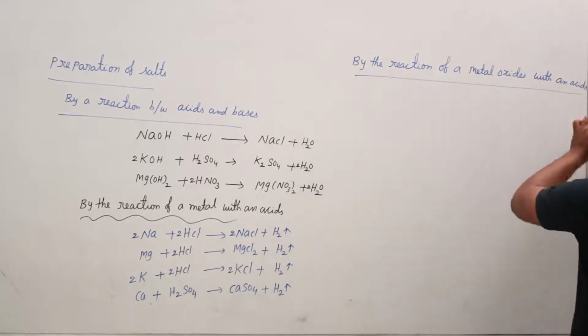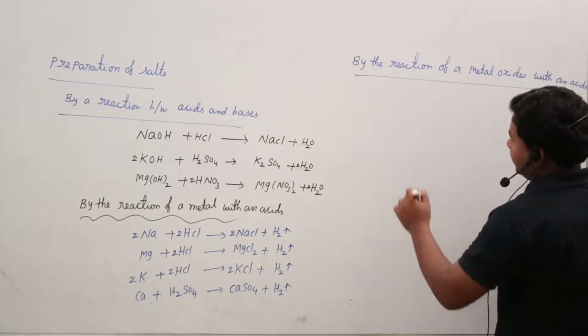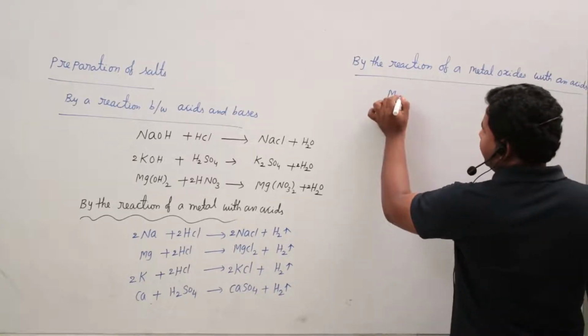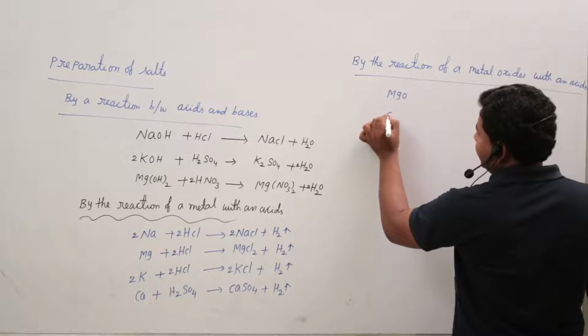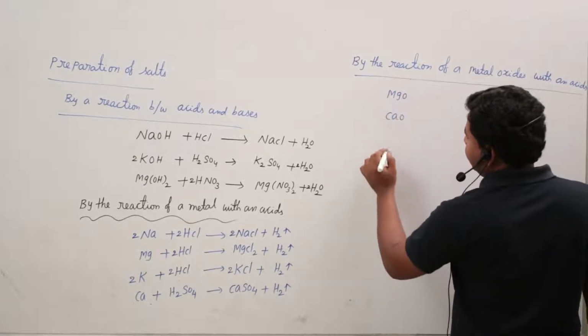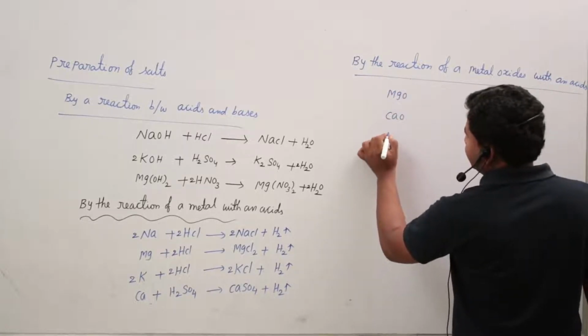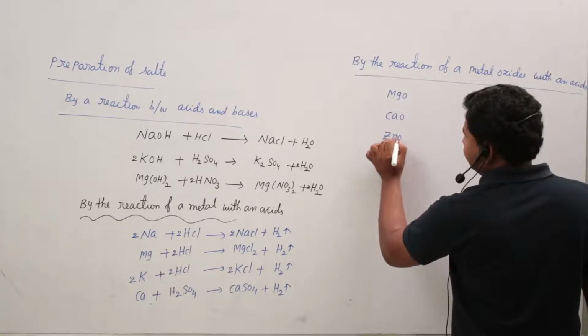By the reaction of a metal oxide with an acid. Metal oxide, for example, now we can take magnesium oxide, calcium oxide, next ZnO, zinc oxide.